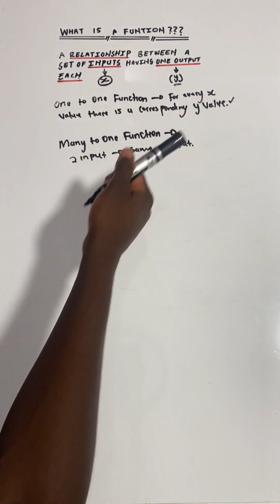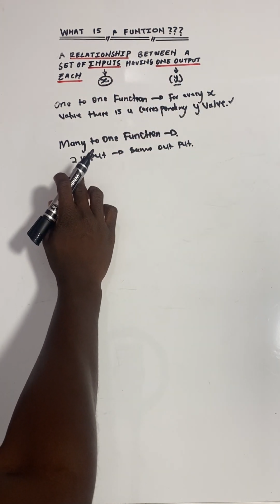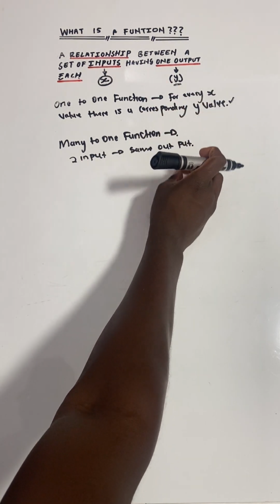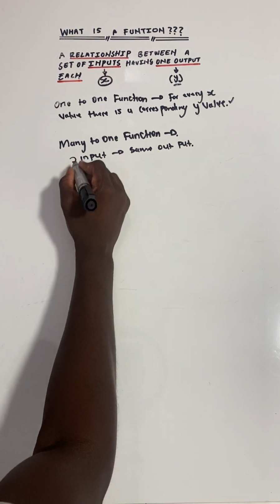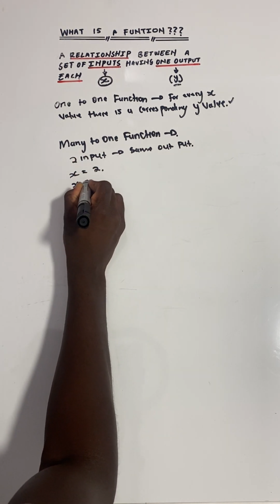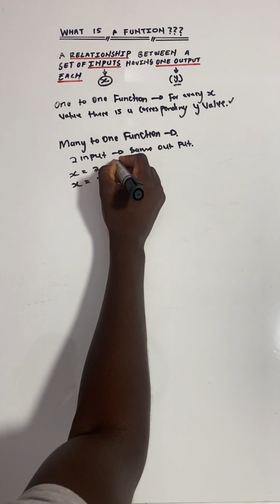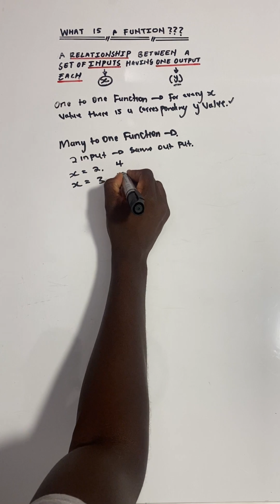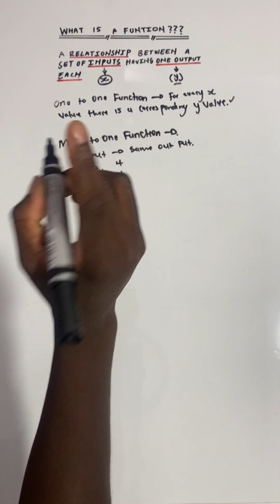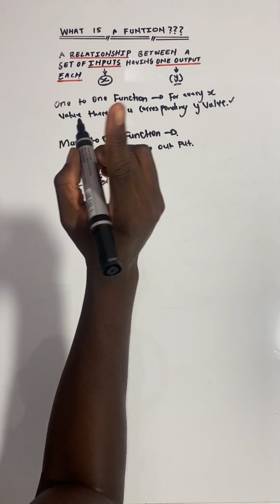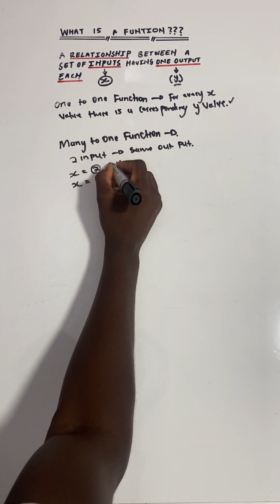Remember I said do not be confused with the set of inputs having one output. This means that an input must have at least one output. If I can have x being equal to 2 and x being equal to 3, it's fine. They might share the same value, maybe this one being 4 and this one being 4. But what is important here is that these different x values must have only one output.